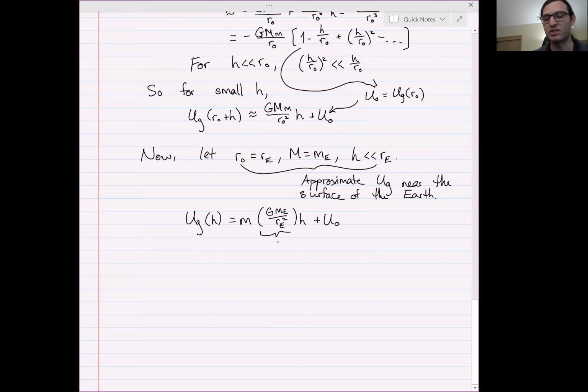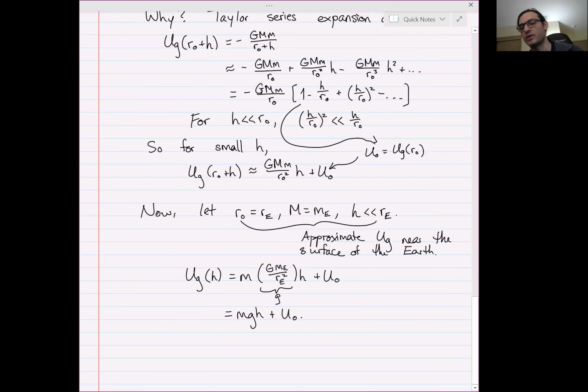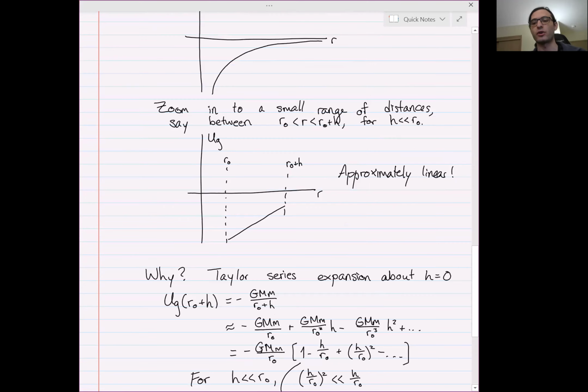But remember that this is g, so this is just mgh plus U naught. And this is where that mgh comes from for the potential energy. It's just for the potential energy near the surface of the Earth. It's just an approximation from the general potential energy for gravity.